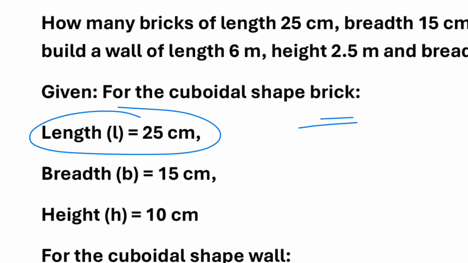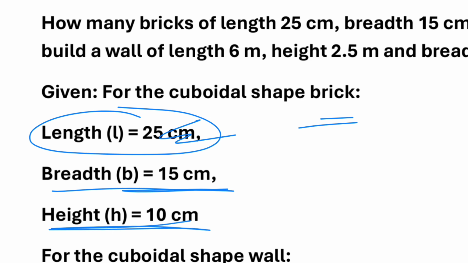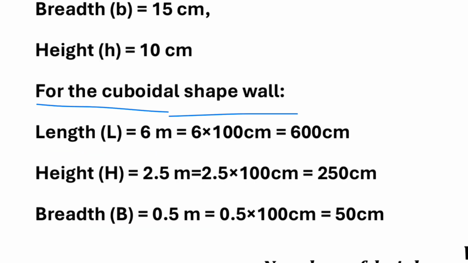For the brick, small l is equal to 25 centimeter, then breadth b is equal to 15 centimeter, and height of the brick is 10 centimeter. Now for the cuboidal wall, length capital L is equal to 6 meter.